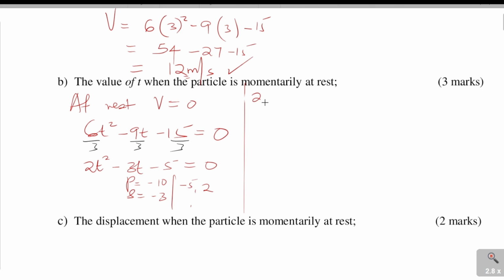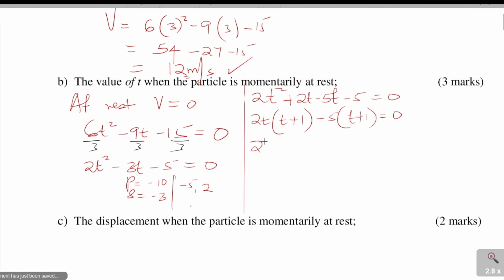So now you shall have 2t squared plus 2t minus 5t minus 5 is equal to 0. Factor out, 2t is common. You have 2t plus 1, then minus 5 times t plus 1 is equal to 0. This will give 2t minus 5 multiplied by t plus 1 is equal to 0. So this is how you get the two values of t.